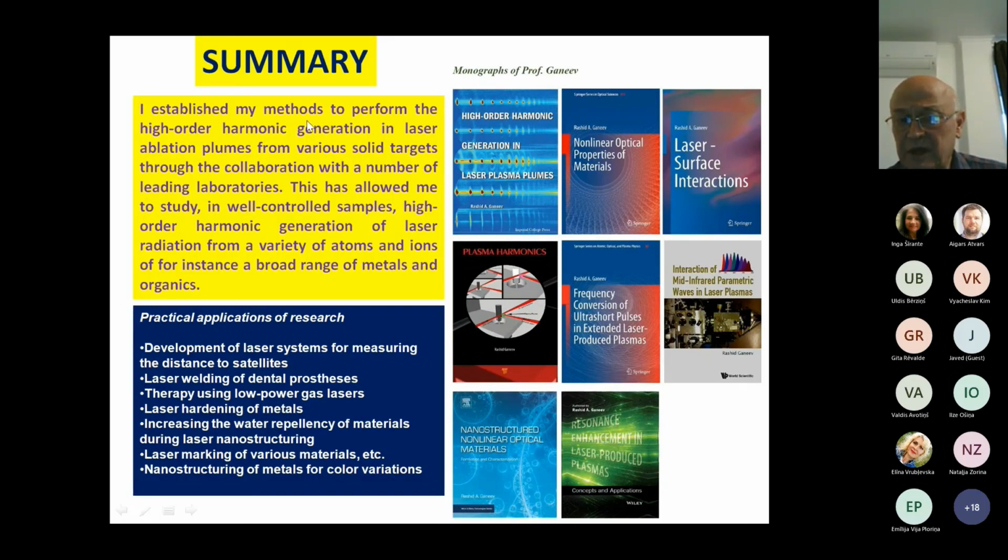Summarizing, I would like to say that I established my methods to perform high-order harmonic generation in laser ablation plasma from various solid targets. This method allowed the field to develop significantly, and some other practical applications are the development of laser systems for measuring distances to satellites, laser welding of dental prostheses, therapy, laser hardening of materials, increase of water repellency, laser marking, and nanostructuring.